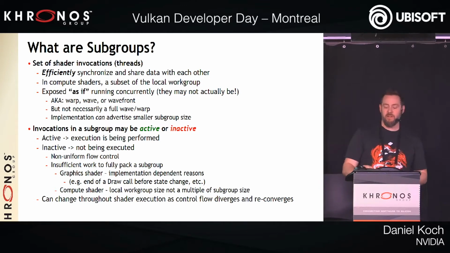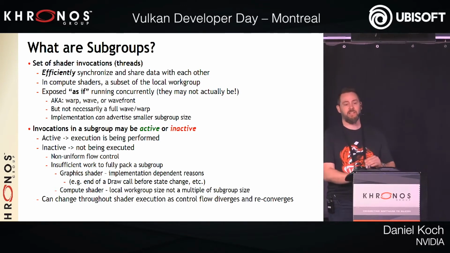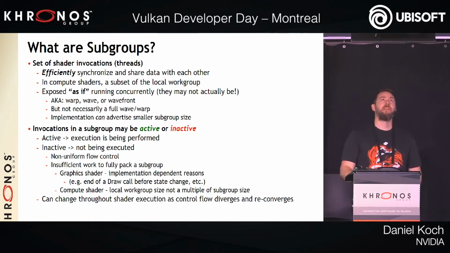They may not be running in lockstep. Very important. The other thing to note is that implementations can actually advertise a smaller subgroup than your wavefront. I'm not sure if any do right now, but I know for Nvidia, our warp is the same as the subgroup size.